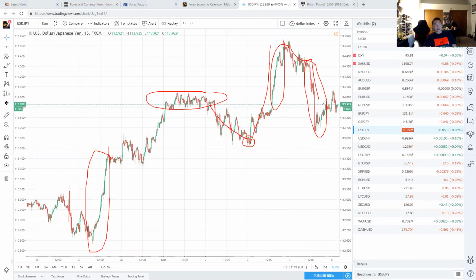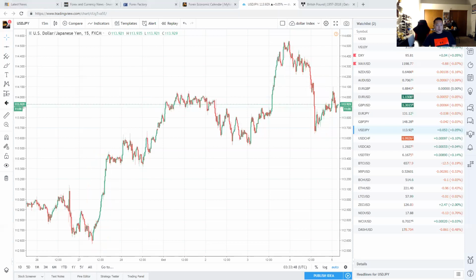I'm not saying you should read the whole Bible of Forex, but you should know what breakouts are and what reversals and retracements are. You should know what support and resistance is, and you should know what a trend is. And you should definitely know what a candlestick is.